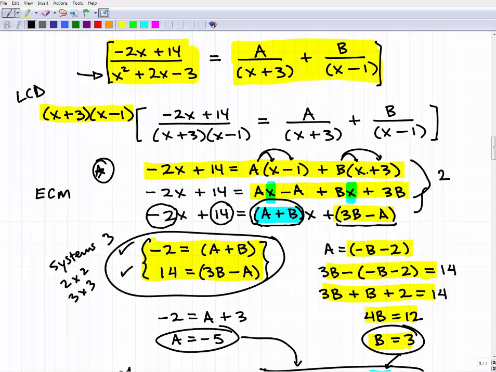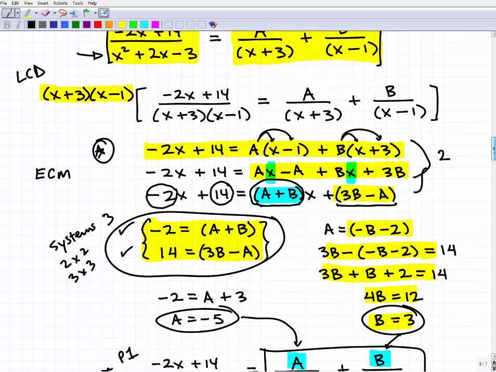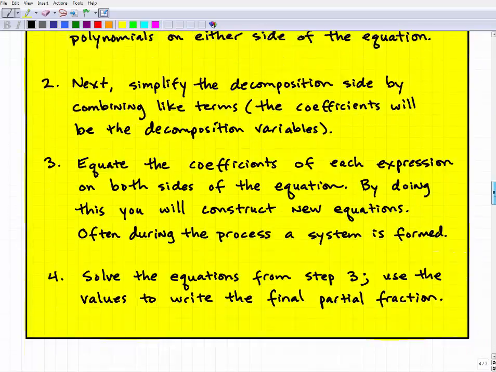Just remember, with all problems you're going to get to this point, and then you can branch off using one method. I'm not going to tell you what method to use in example sets, but you need to practice both, and we'll be doing that when we do the example sets.